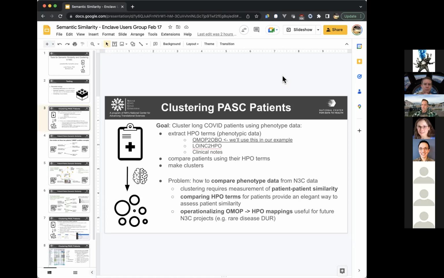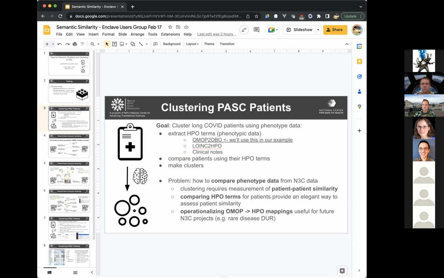Cool. Okay. Just one comment, to emphasize that the HPO is about phenotypic abnormalities. So it's not designed to describe healthy people.